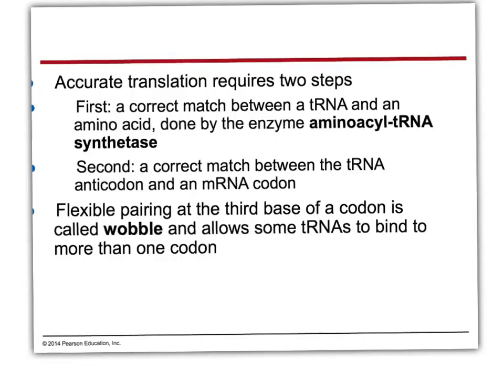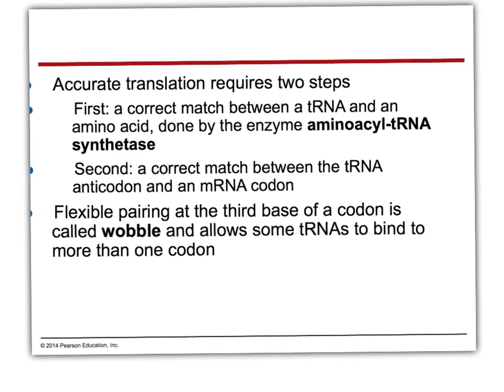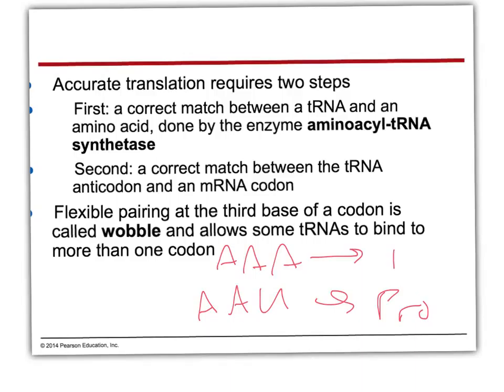And this is another example of the redundancy of the code that we talked about, whereby if the codon AAU is proline, as an example, and AAA is also proline, does it really matter if the anticodon is TTT or TTA?